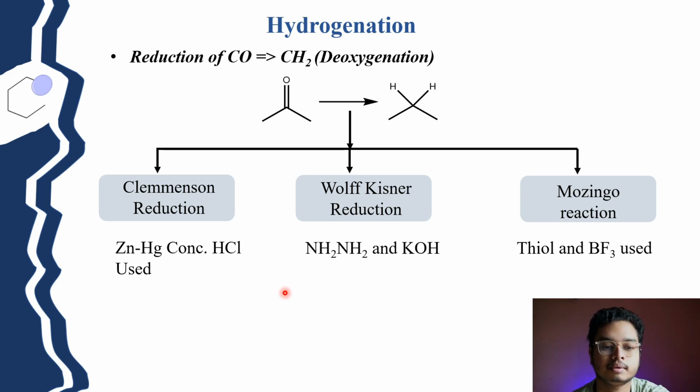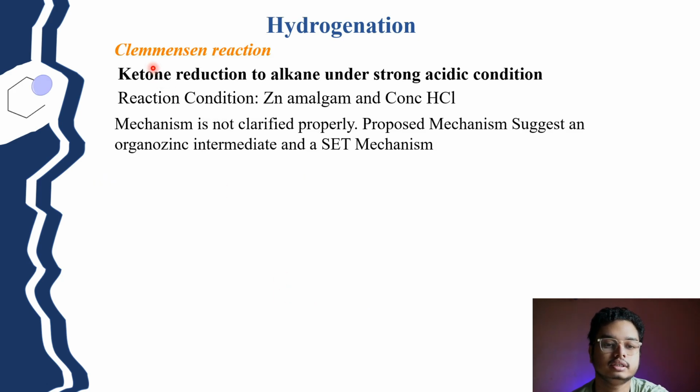First, let us talk about the Clemmensen reduction. The Clemmensen reduction is a very versatile reaction, and it reduces a ketone to an alkane under strongly acidic conditions. That's why concentrated HCl is used, and the reaction condition is zinc amalgam, zinc mercury, and concentrated HCl.